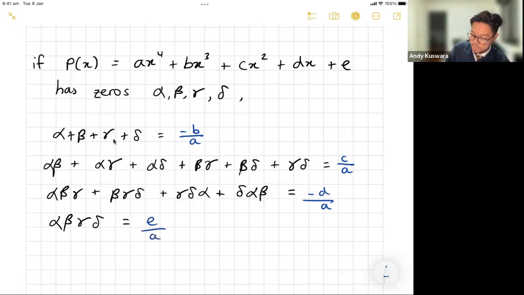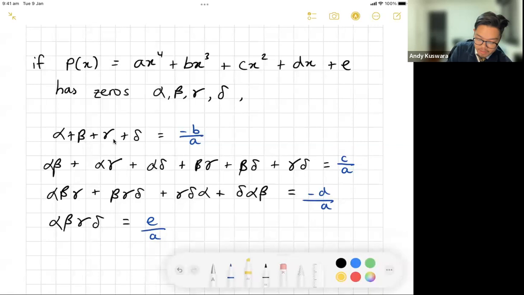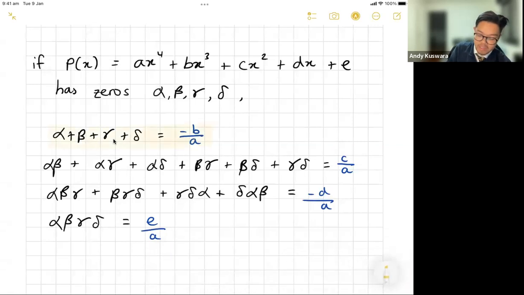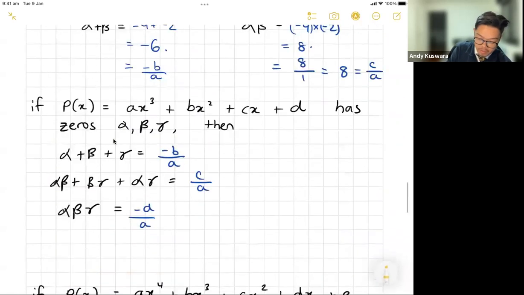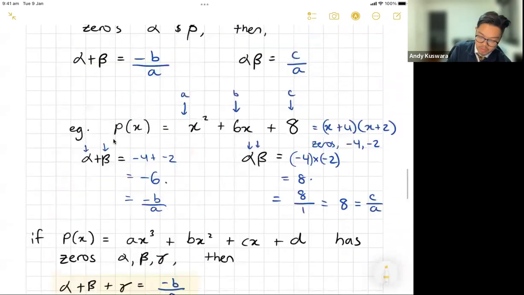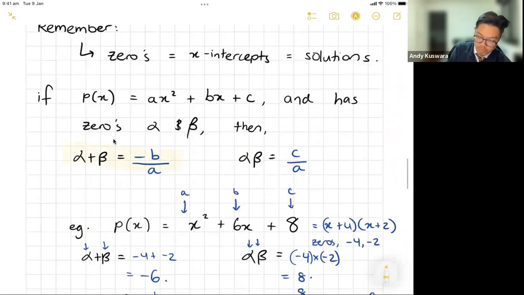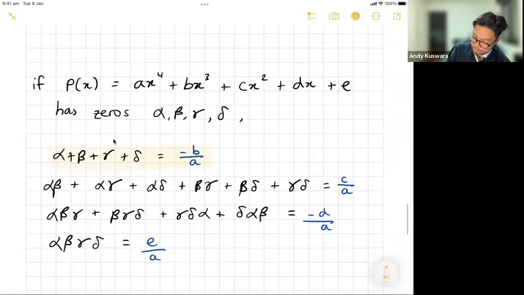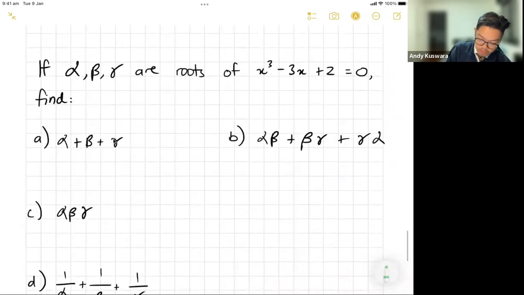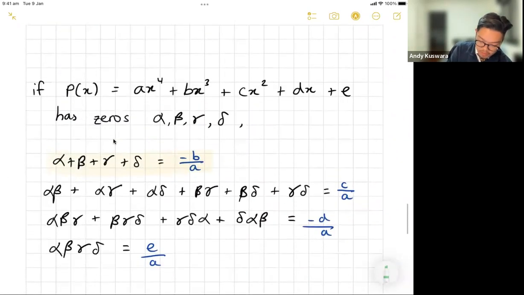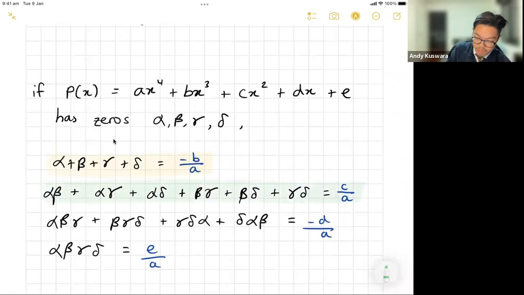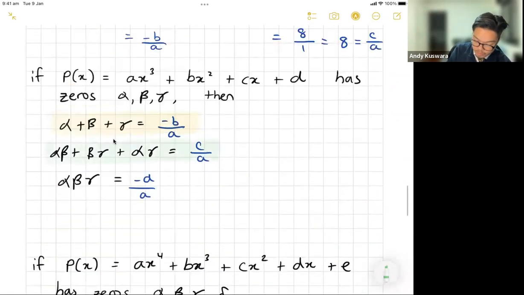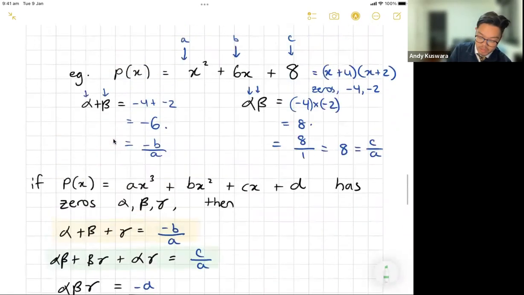Okay. Now, again, let me just highlight here. I won't do it for all of them, but adding single roots, it's always going to be minus b on a. But if I've got groups of 2, meaning products of 2 roots together, it's going to be c on a.